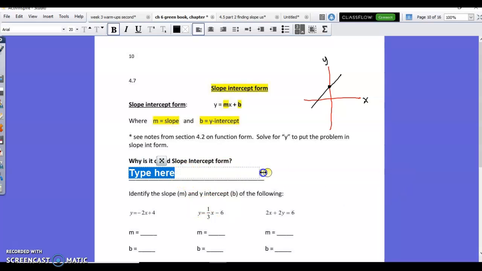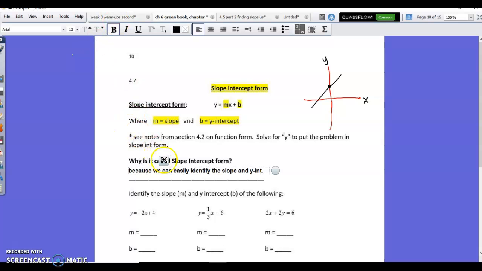I'm going to type it in because those are some big letters. Because we can easily identify the slope and y-intercept.